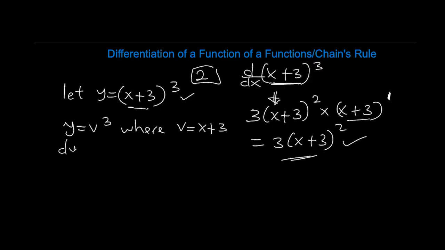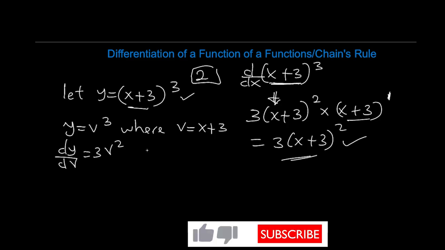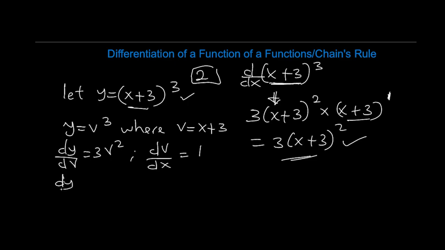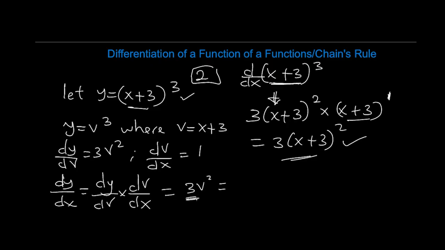Then we can get dy/dv, which is 3v squared, and at the same time we have dv/dx, which is 1. Then in the final conclusion, dy/dx will be equal to dy/dv times dv/dx, and that will give you 3v squared. Then you return the v back. Your v is x plus 3, to the power 2.